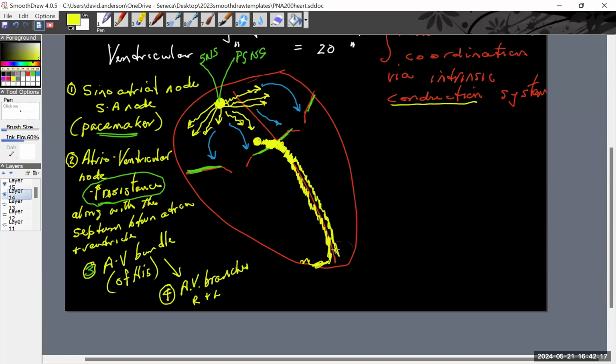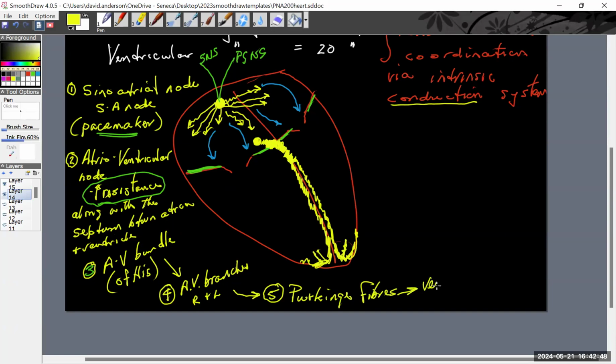So this means a bundle means there'll be several of these pathways, but the point is they're going to finish down here at the apex, and they finish on another type of tissue that's called the Purkinje fibers.